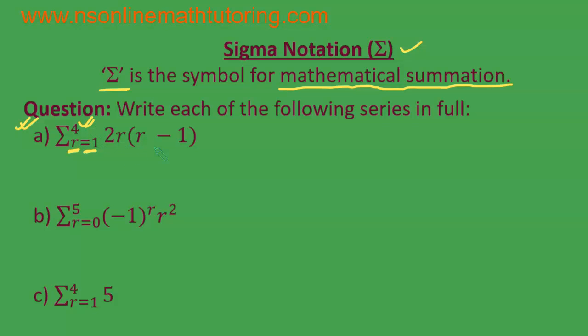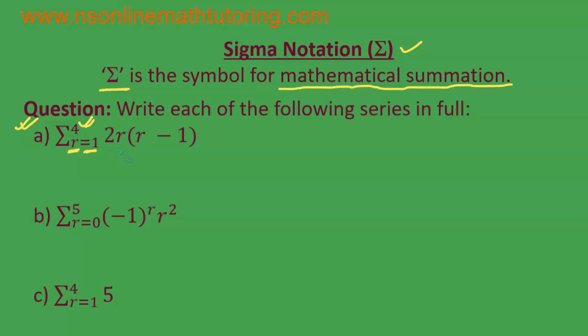Hence, it is a finite series because we are having both the starting and the ending values. Okay, it is a finite series and how many terms are there in the series? R value will be increasing in steps of 1. So, what are the values that R can have? 1, 2, 3 and 4. Okay. Therefore, there will be 4 terms of this finite series.